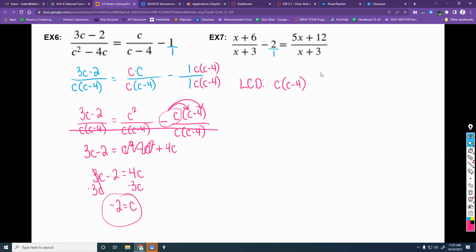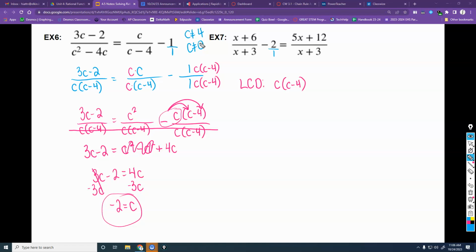So your restrictions are that c cannot equal 4 and c cannot equal 0. And since neither one of those are answers to our problem, it's okay. It doesn't happen very often that they actually end up being answers to the problem, but let's say that -2 was one of the restricted values, then we would have to say there's no solution to this problem.